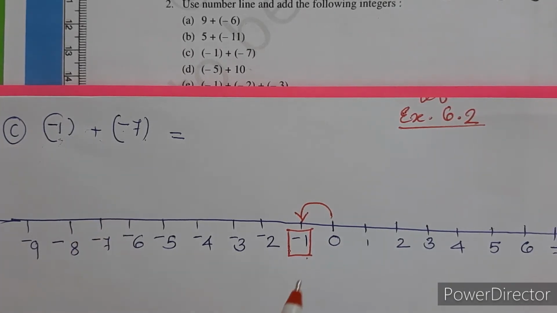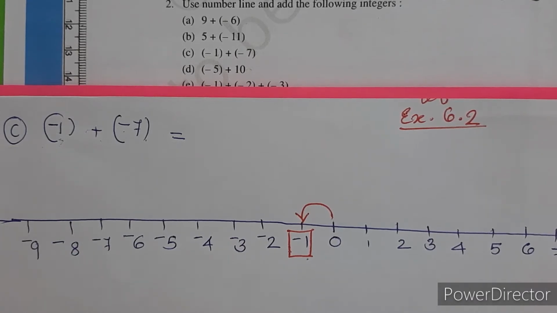We can add to minus 1. So minus 7 is a negative integer. We can move in the left direction from the starting point in a number line. So this is the starting point, that is minus 1.